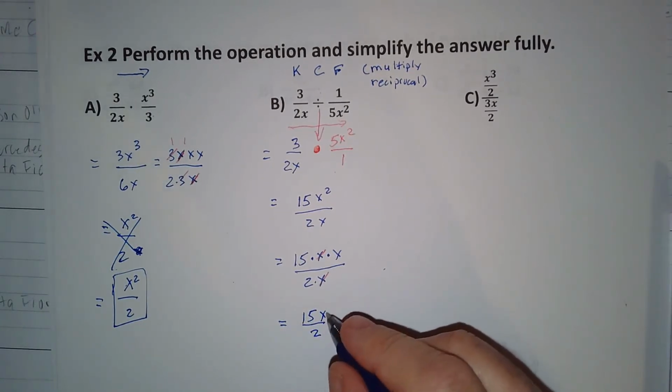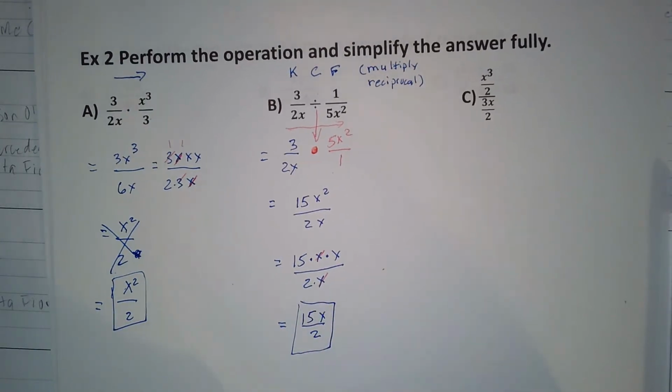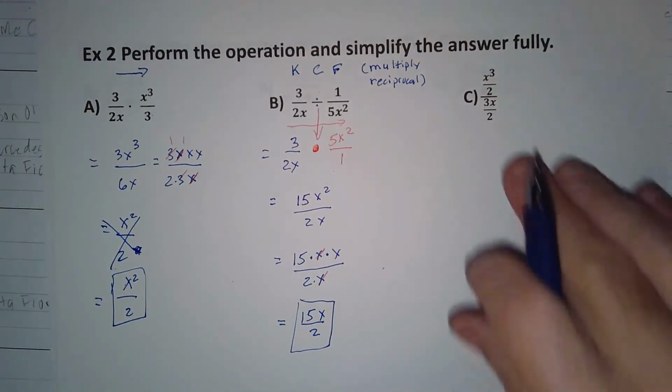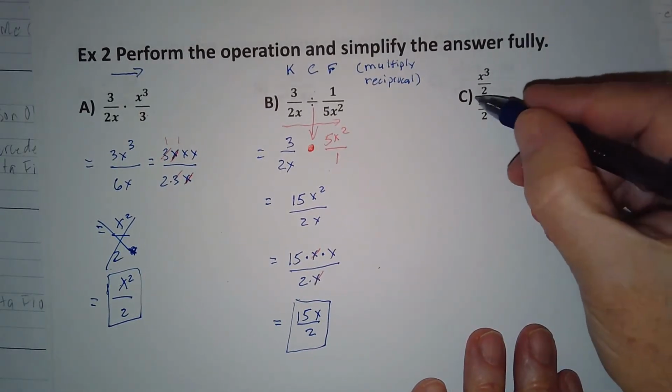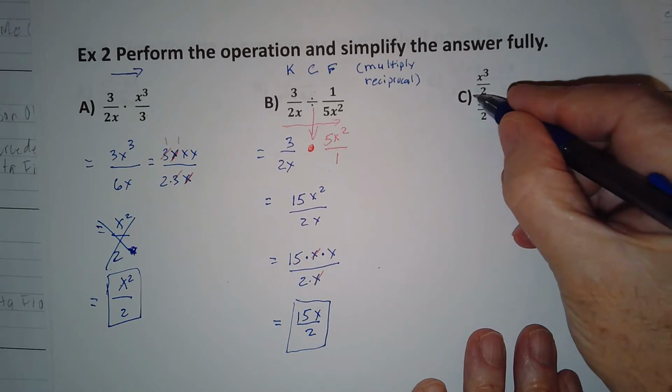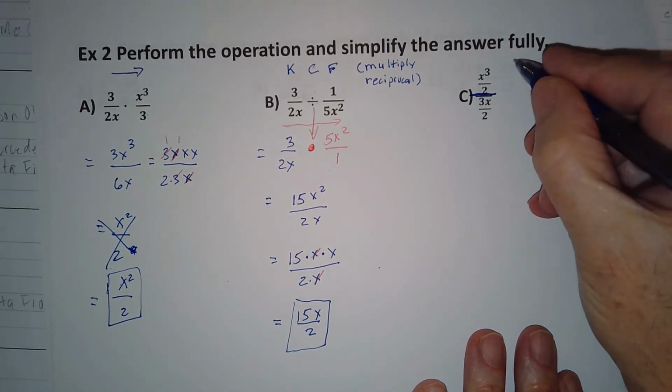All right. There's our answer. Well, this looks ugly. What is this? Well, we've got a fraction divided, so this means divided, right, by a fraction. That's called a complex fraction.